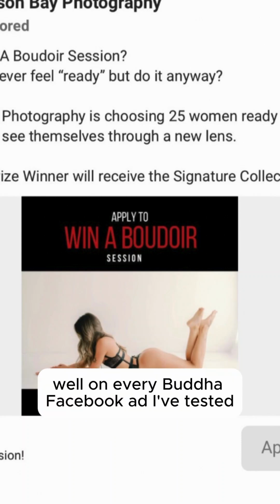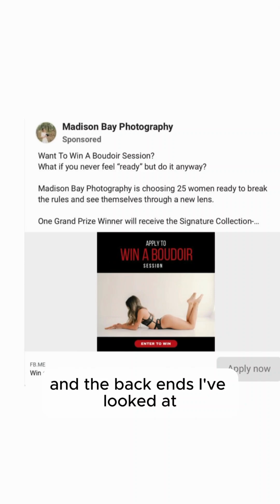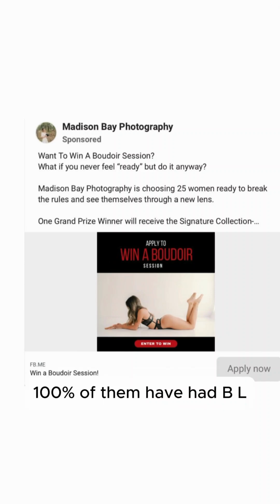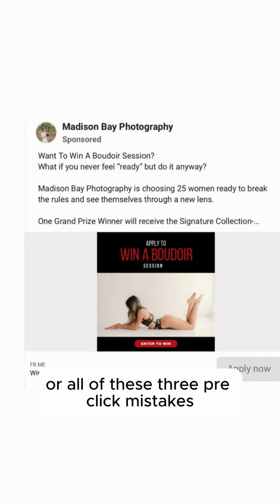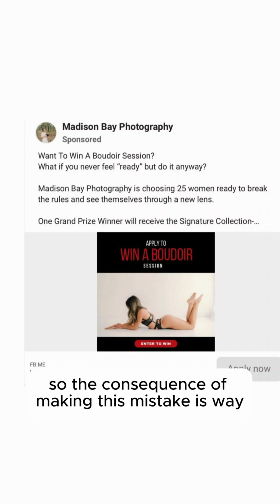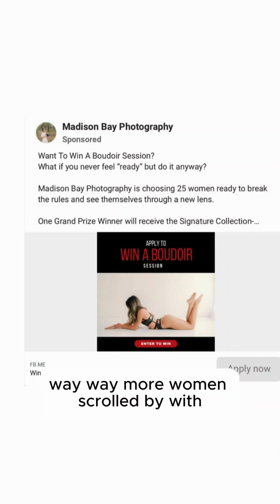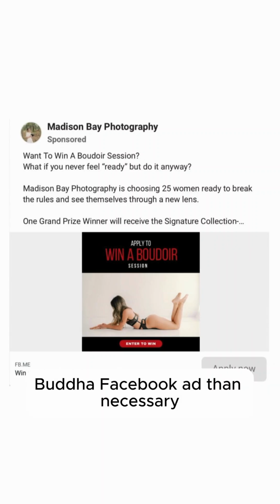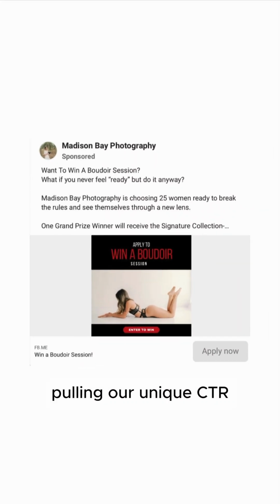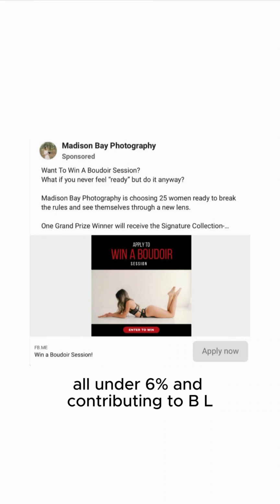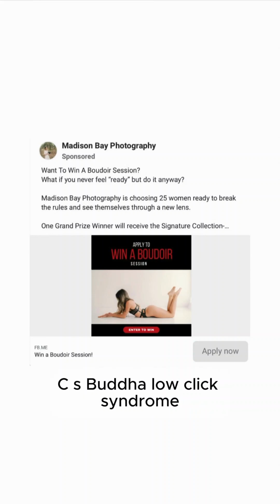Well, in every Boudoir Facebook ad I've tested and the backends I've looked at, 100% of them have had BLCS, Boudoir low click syndrome, because they're making some or all of these 3 pre-click mistakes. So the consequence of making this mistake is way, way, way more women scrolling by our Boudoir Facebook ad than necessary, pulling our unique CTRL under 6% and contributing to BLCS, Boudoir low click syndrome.